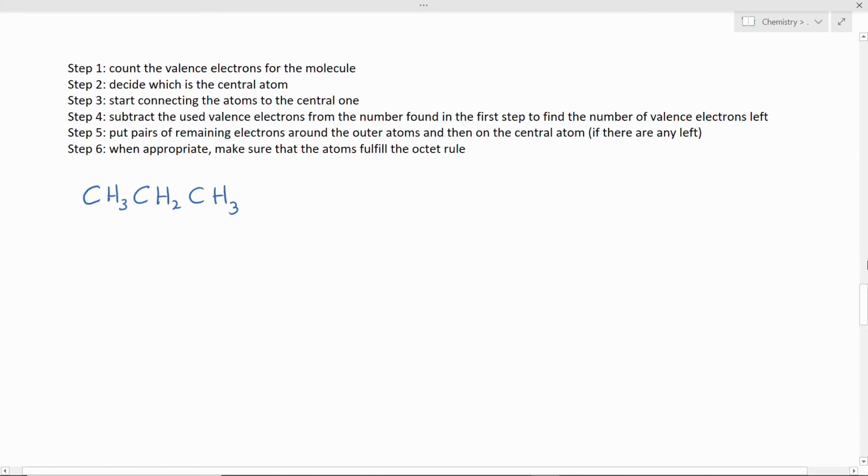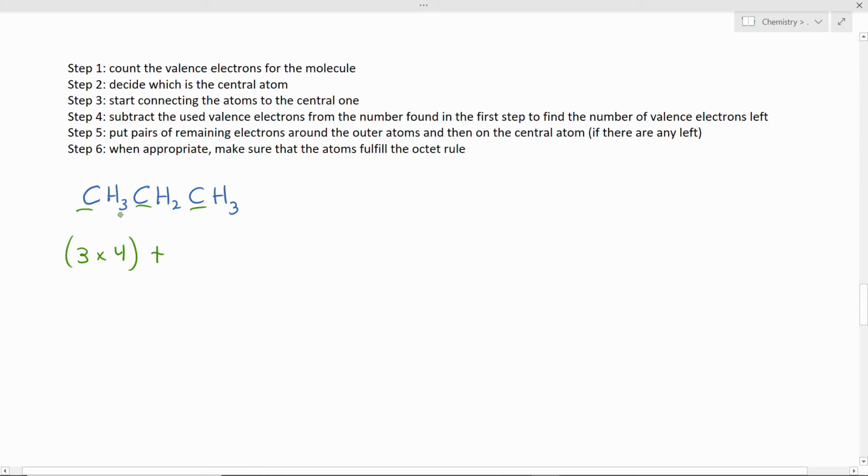Now for this next example. Make the Lewis structure for CH3CH2CH3. Now for this formula, we have to count the valence electrons. So we have 3 carbon atoms, and 3 carbon atoms times the 4 valence electrons of each carbon, and we have to add the valence electrons of hydrogen.